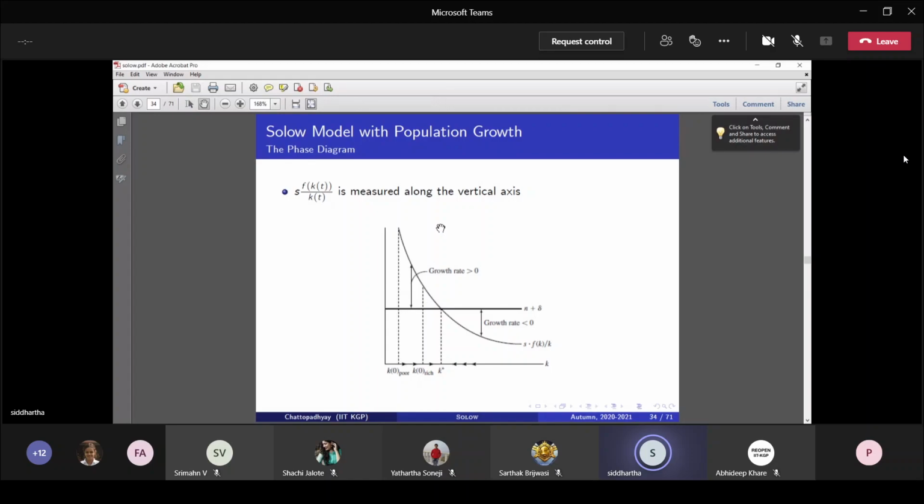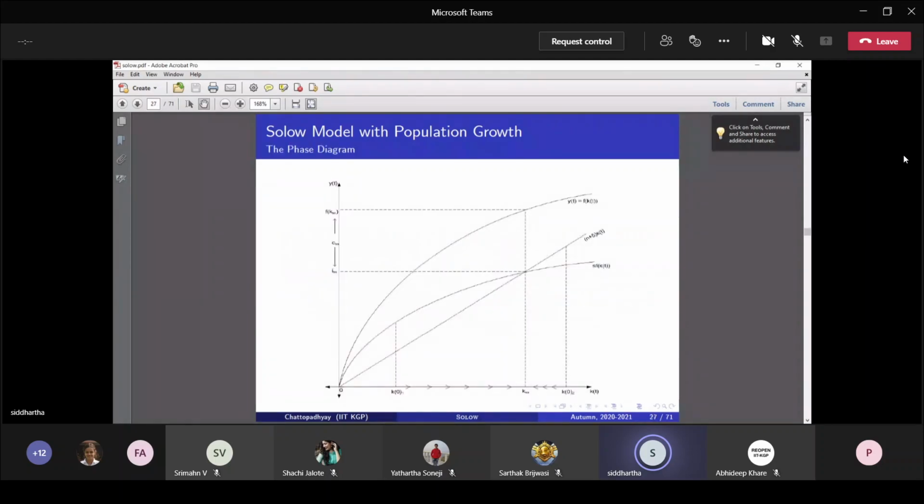Okay. So this is another way of representing the fundamental equation graphically. The one we saw in the last class shows what the steady state level of capital stock is, what the steady state level of output is, what the steady state level of per capita consumption is, etc. But that figure does not give you a graphical representation of the growth rate.